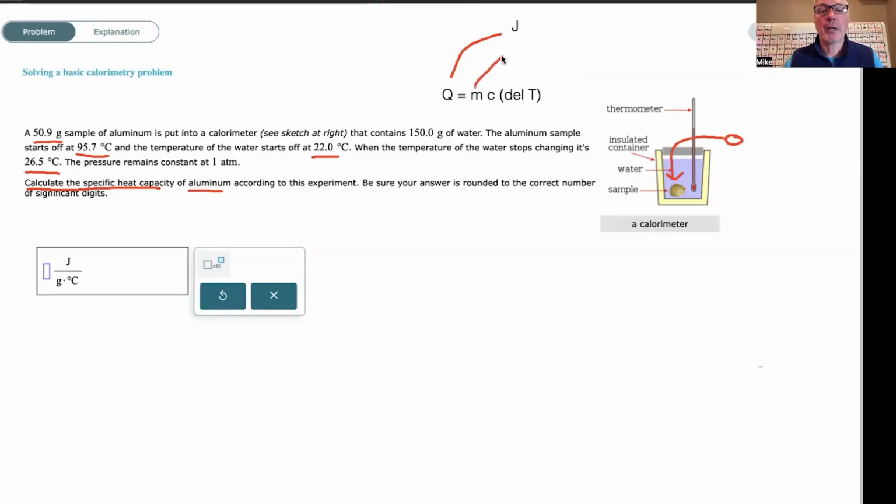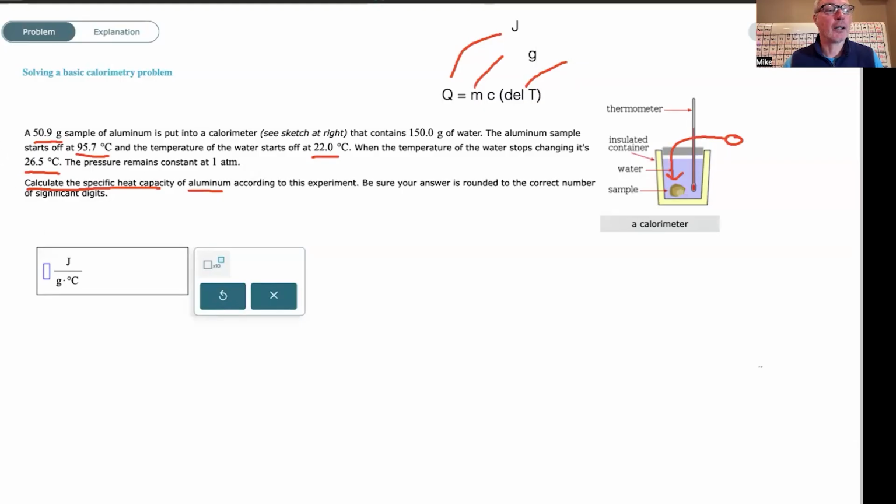So, mass is generally in grams. I don't know if they gave it to us in grams, but we'll have to make it into grams. All right, we've got masses in grams. Now, what's delta T? Delta T is going to be temperature difference, in degrees Celsius.